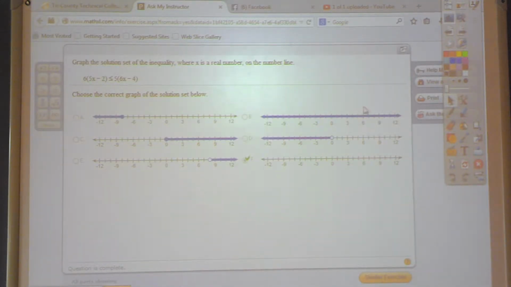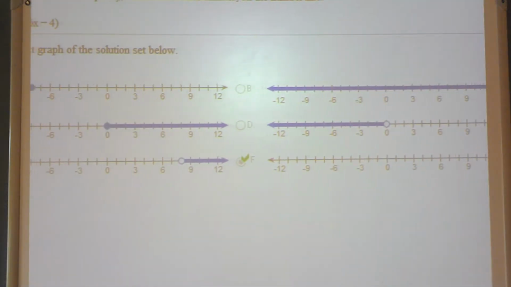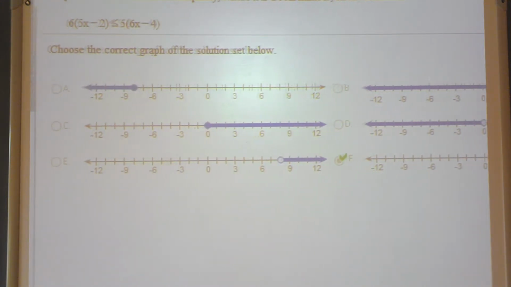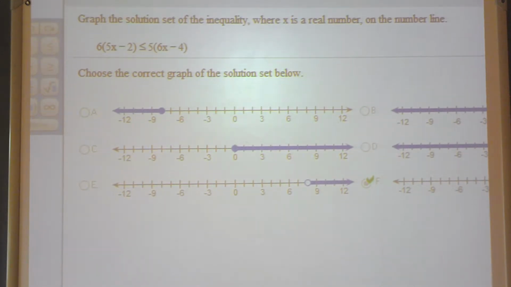Alright, I'll blow it up for you, let you write it down. It says graph the solution set of the inequality.